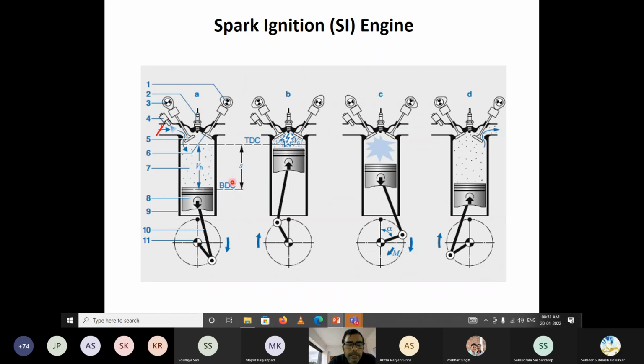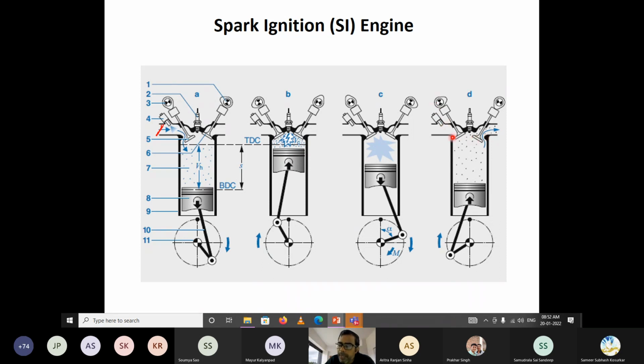For a certain duration of time the exhaust valve will remain in open condition, and it can vary from the top dead center to around 10 to 15 degrees crank angle.